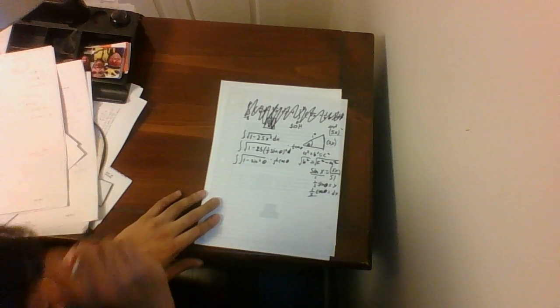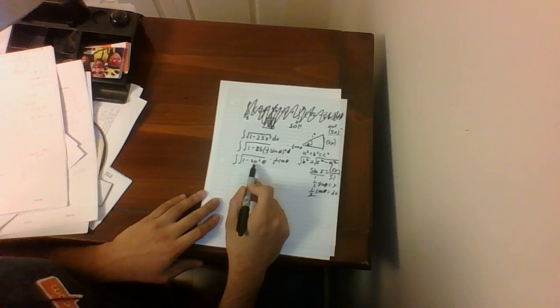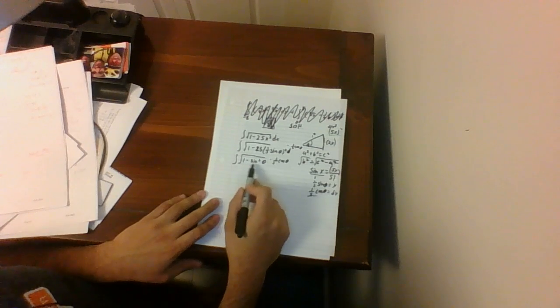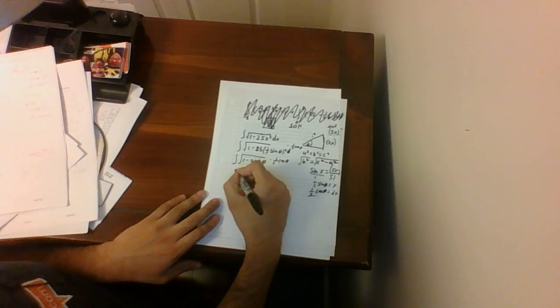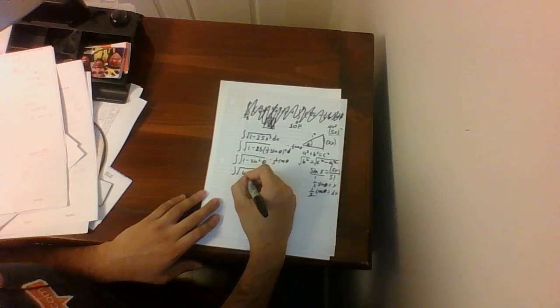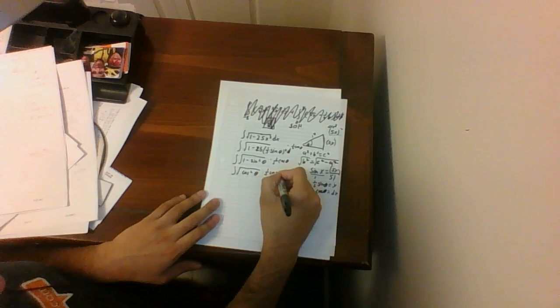Now, you should be familiar at this point in your integral calculus with this trigonometric identity: 1 minus sine squared is cosine squared. So it's just the integral of the square root of cosine squared theta times 1 over 5 cosine theta.